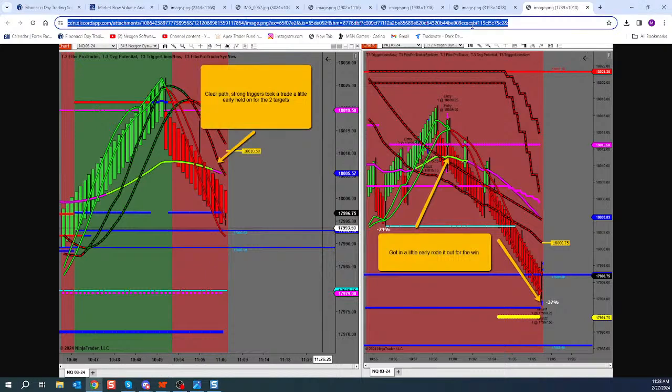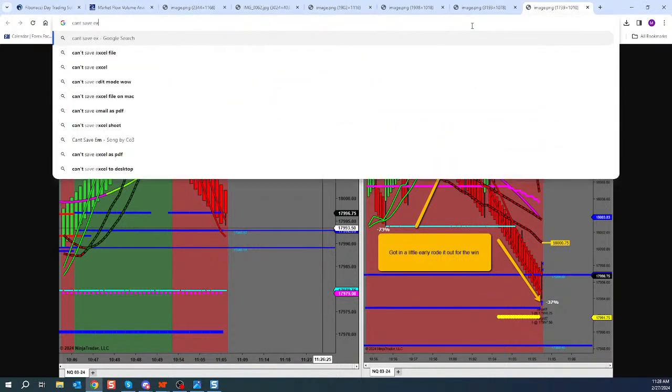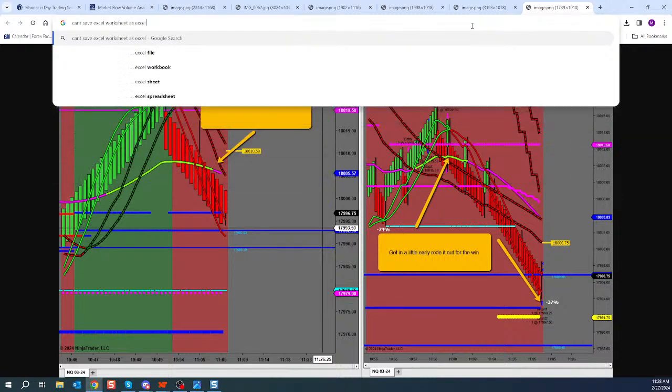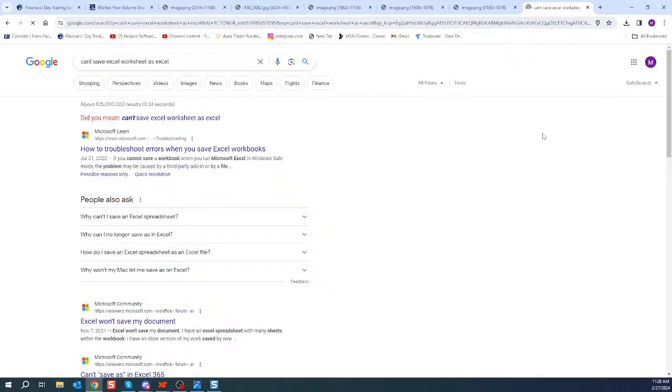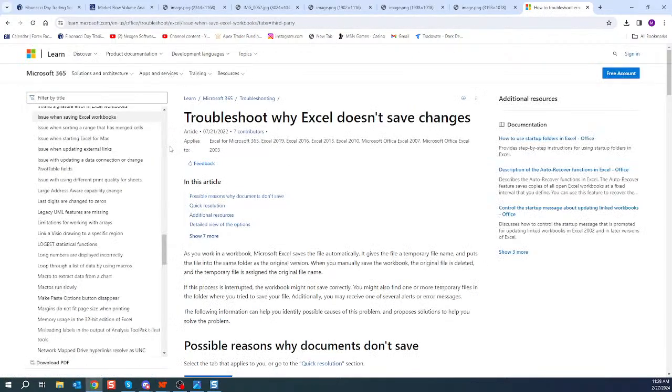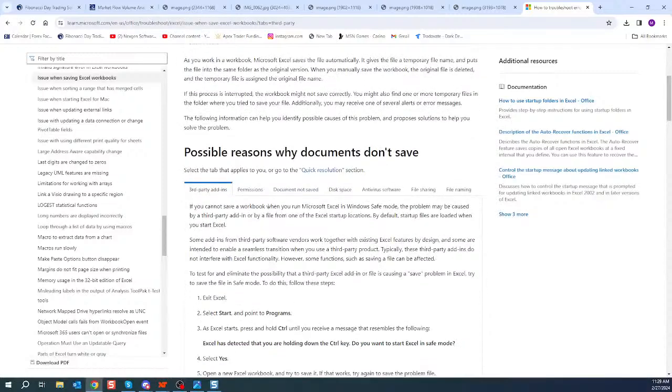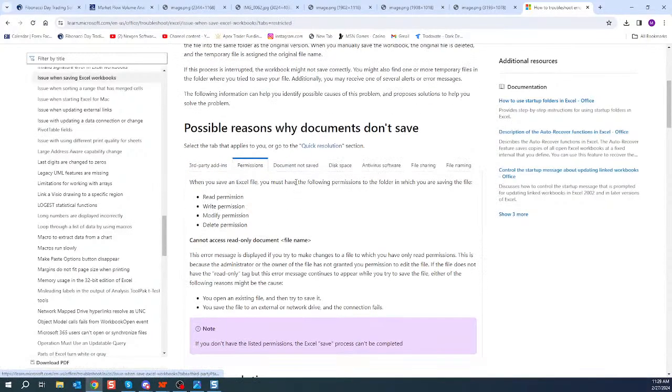All right. I'm not a quitter. Third-party add-ins. I don't think we have that. You should have permissions.